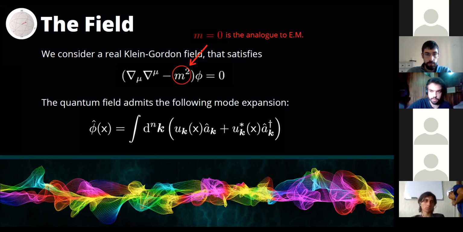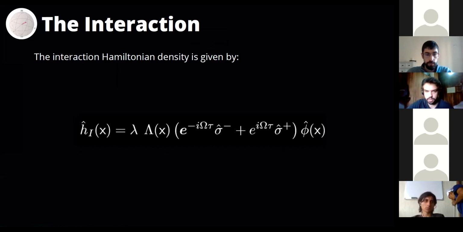And then the last thing we need to do is to prescribe the interaction. I will prescribe it at the level of this interaction Hamiltonian density, which once again is a scalar for me. If you want to get the actual Hamiltonian, this would be the function you multiply by the invariant volume element, the square root of minus g d3x, essentially.